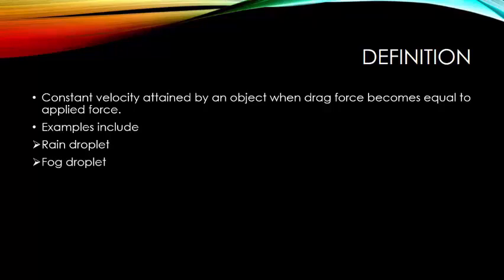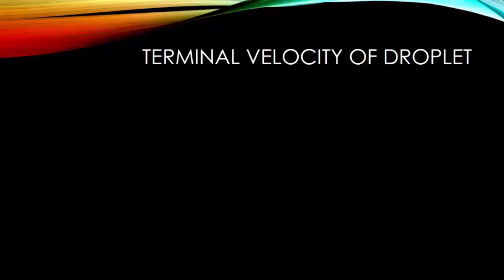The fog droplet, often seen as a stationary or very slowly falling object in the air, falls with a constant velocity due to drag force being equal to gravitational force. And thus we say fog droplet moves with a terminal velocity. So let's calculate the terminal velocity of this fog droplet.